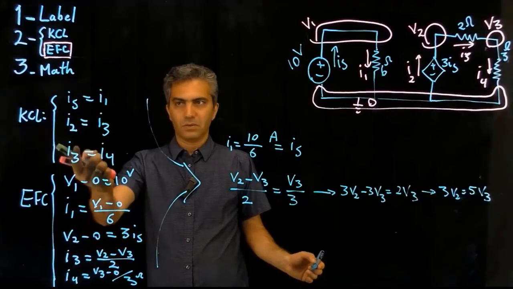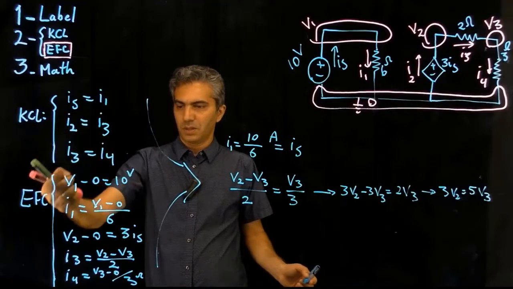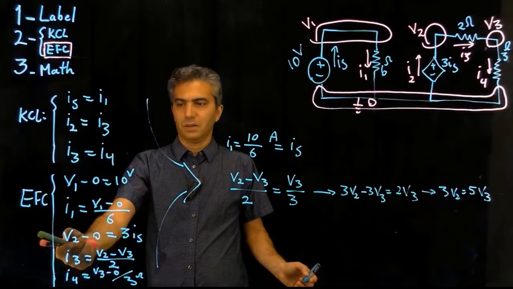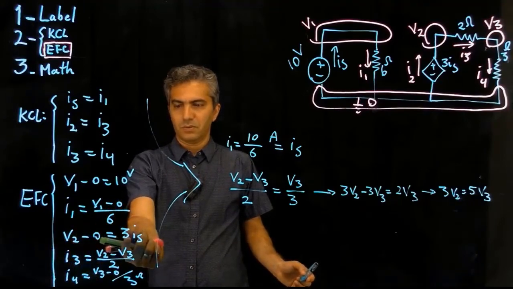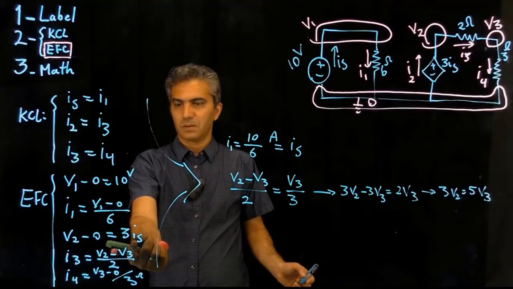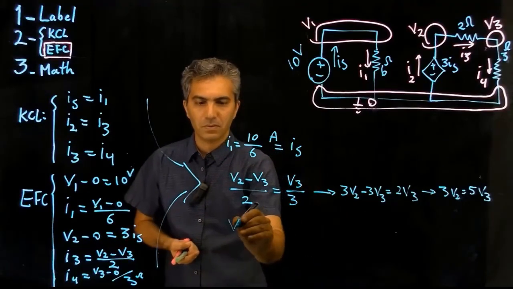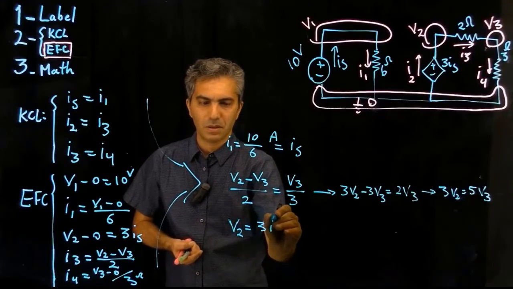And the only equations that I haven't used yet are that I2 and I3 are equal to each other, and V2 is equal to 3IS.